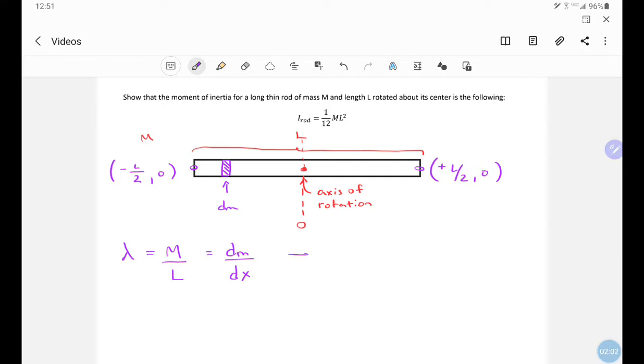And solving for dm here, we get mass per length times dx.